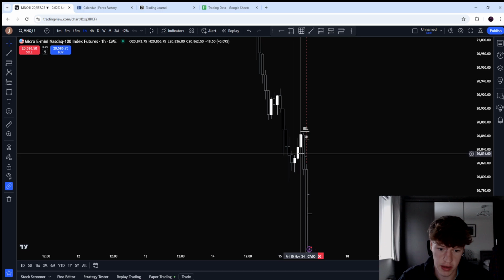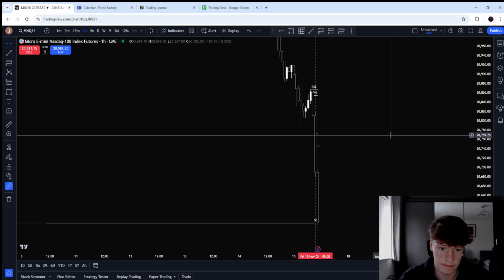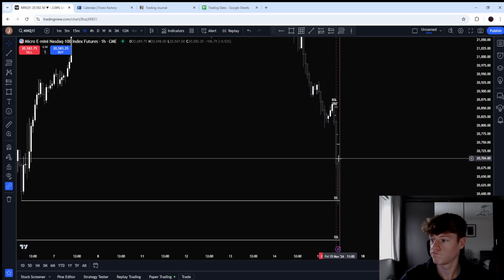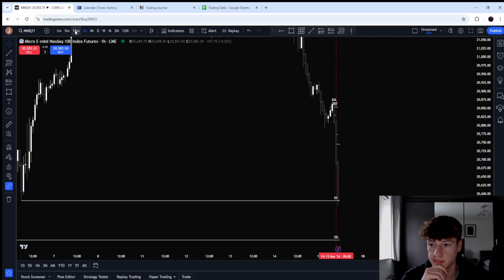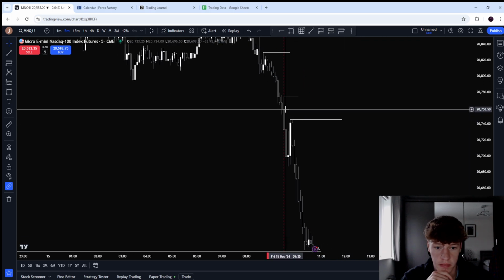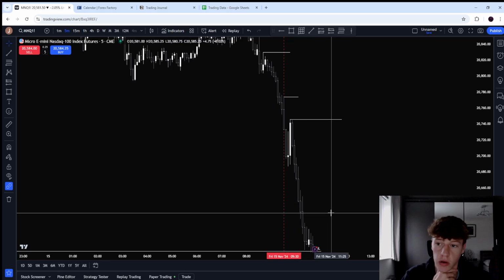This imbalance right here, blown through. Price just sold off. Market opened right here. Sold off, had a quick little retrace back up and then sold off some more.